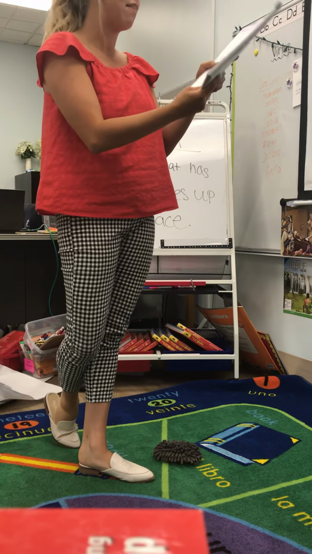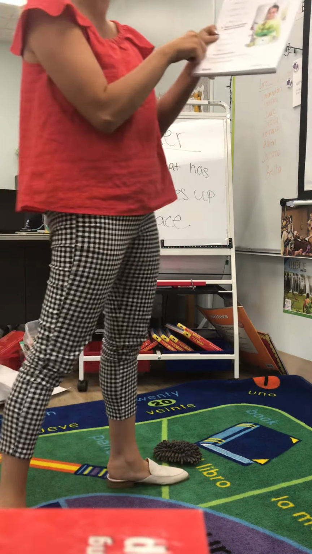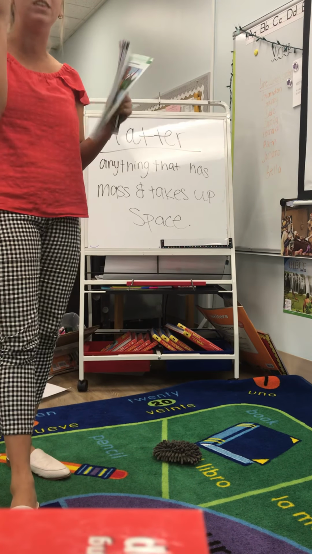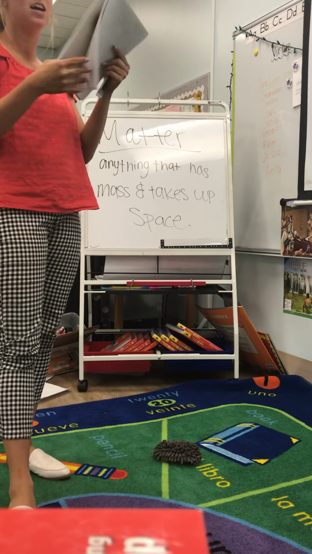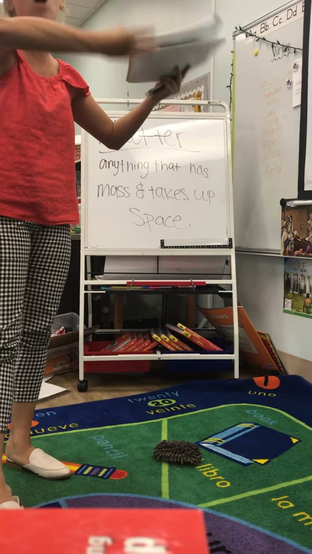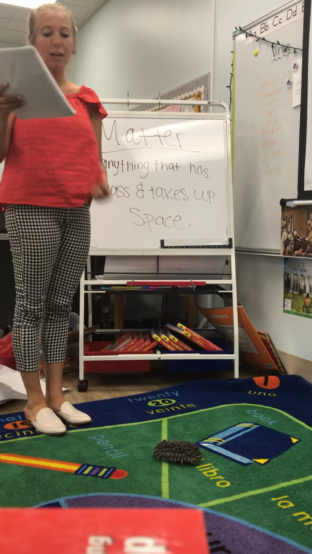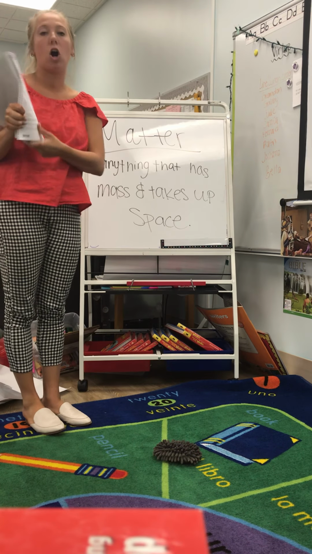For A. And then for B, I want you guys to put an X next to the things that you think can be weighed. Can you weigh sound? No, it's not a physical substance. Can you weigh a rock? Yes. You can actually physically put that rock on a scale and it will be weighed, okay? And then for C, which things that you tested are matter?